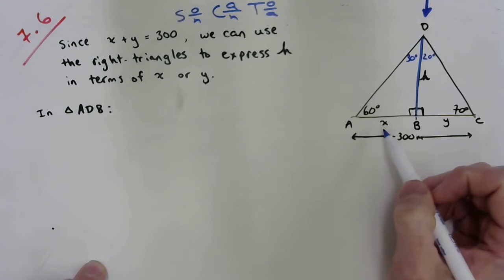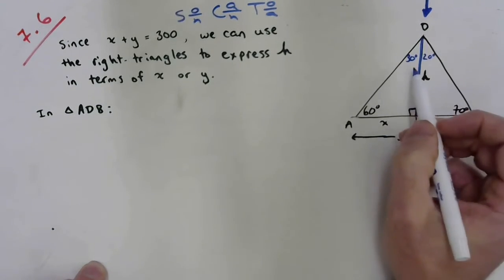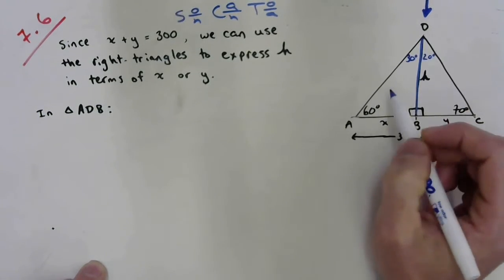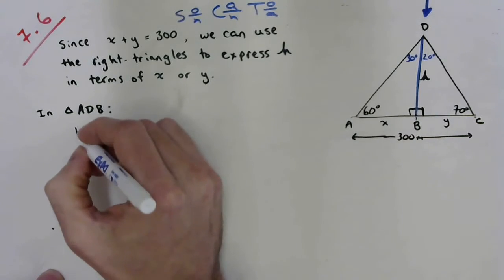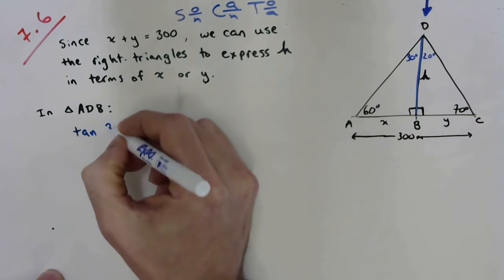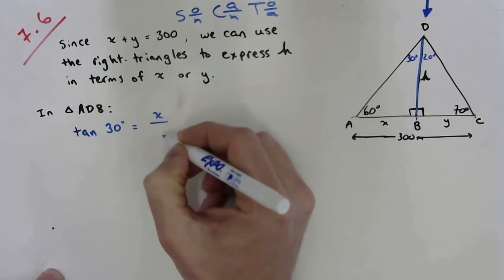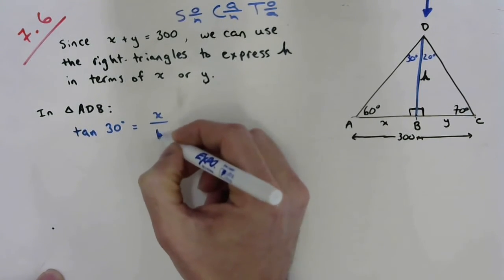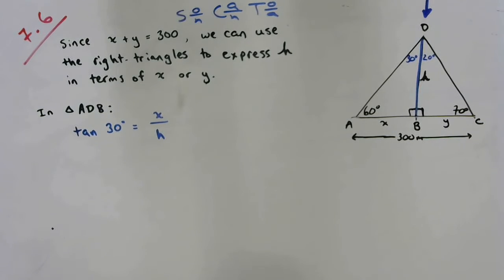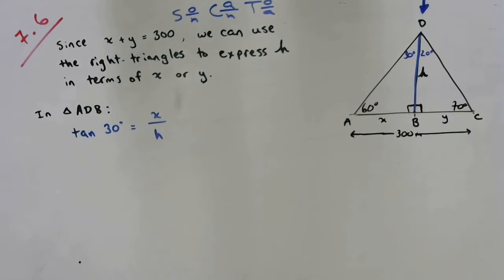Which one is that going to be? Which trig ratio? Tan. Okay, so in this triangle over here, I know that the tan of 30 degrees is equal to x over h. Good?